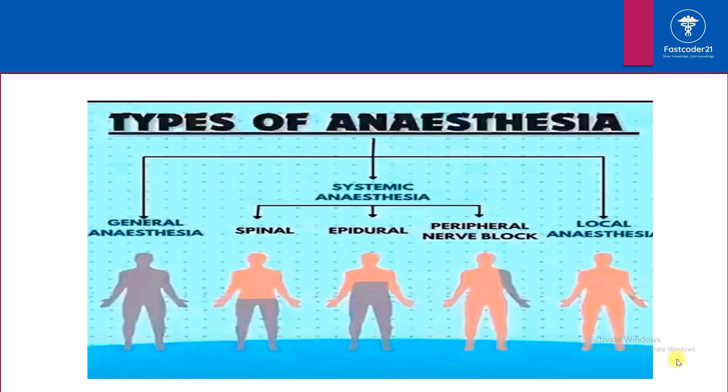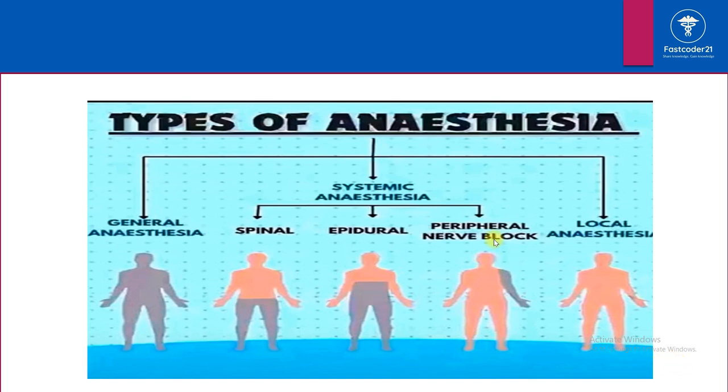Next we have epidural anesthesia. If the patient needs a procedure on the spinal area or needs pain relief, epidural anesthesia is performed. Epidural means the anesthetic is injected into the epidural space, which controls the blocked area.